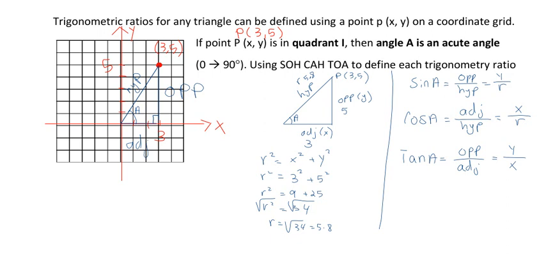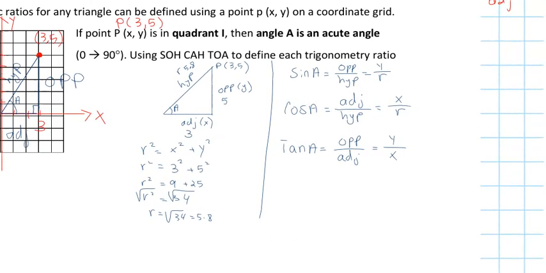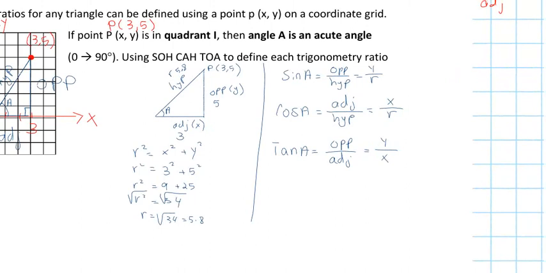Now, let's do the math. What's y over r here? So that's 5 over 5.8. X over r is 3 over 5.8. You guys know where I'm getting these numbers from? Everyone? And then the other one is 5 over 3.